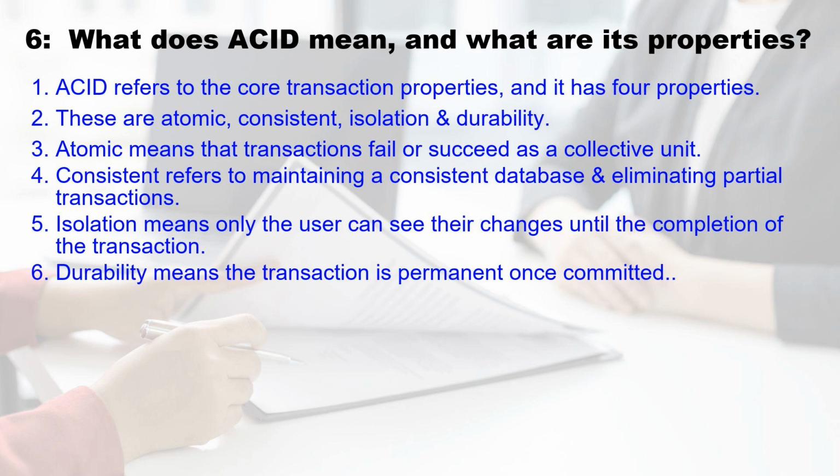These are atomic, consistent, isolation, and durability. Atomic means that transactions fail or succeed as a collective unit. Consistent refers to maintaining a consistent database, and eliminating partial transactions. Isolation means only the user can see their changes until the completion of the transaction. Durability means the transaction is permanent once committed.